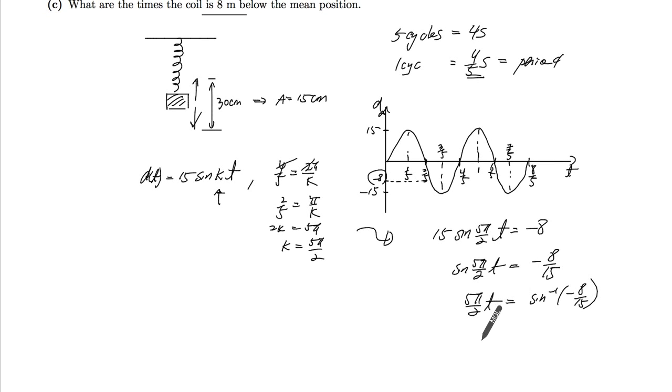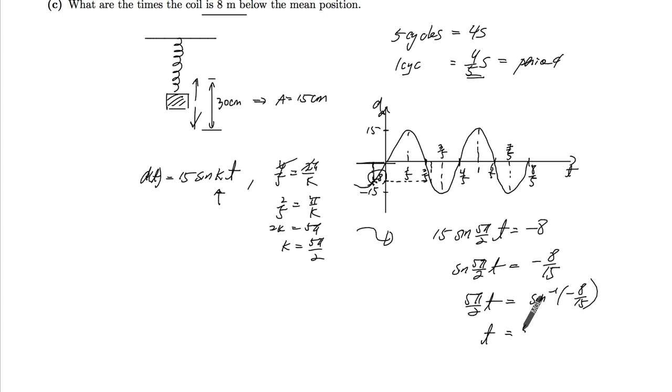So the first time, okay, when you use the inverse function on your calculator to find this, it's not actually going to give you this time. It's going to give you this time, okay, this time here. So what we have to do is get this value and add the period, which was 4/5.